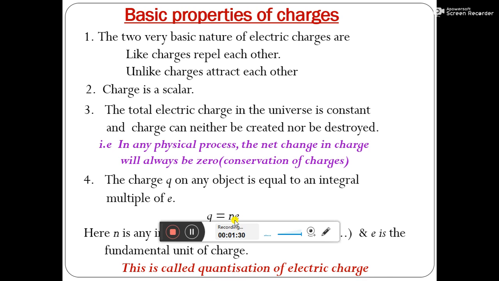The e is of the order of 10^-19 and n is of the order of 10^10. Therefore, Q is of the order of 10^-9. So, the charge quantization is not appreciable at macroscopic level. Hence, the charges are treated to be continuous, not discrete. This is called quantization of charge.